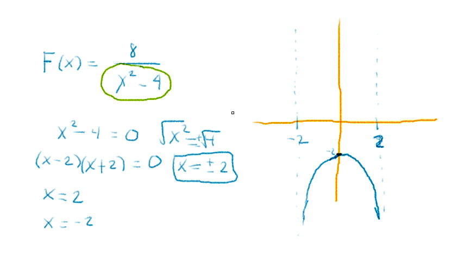Now the graph is either going to be doing this or it's going to be doing this. That's easy to determine. If you took a negative 3 and plugged it in down here, you're going to get a positive number out because negative 3 squared is 9, and 9 minus 4 is a positive number.